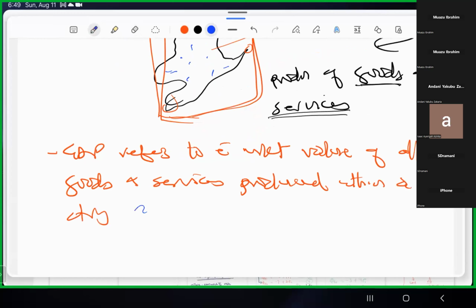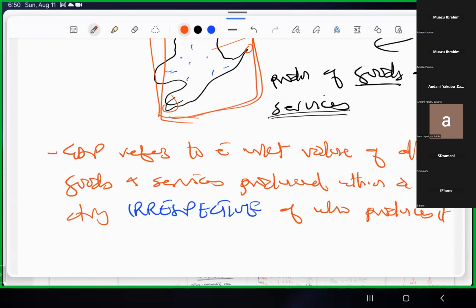Here, irrespective of who produces it. So here the focus is on irrespective of who produces it, and the production of what?